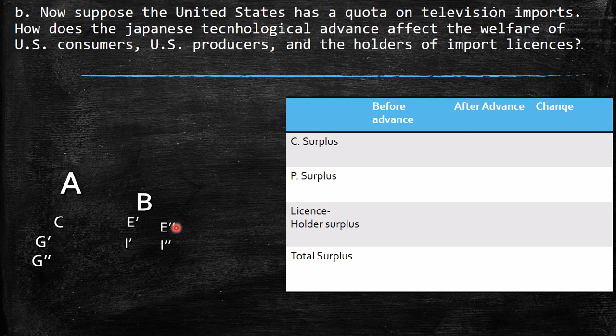This is interesting because these are going to be imported at the world price. This is going to be the same supply curve as before, but after this limit passes, the suppliers are going to be the same as domestic ones.